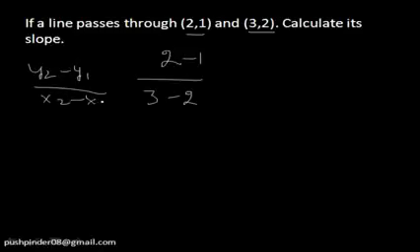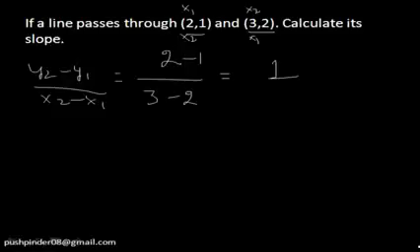It doesn't matter which point you take as x1. If this point is taken as x1, the other point will be x2. If this is taken as x1, this will be taken as x2. The order does not matter here, right? So the slope would be equal to 1 in this case.